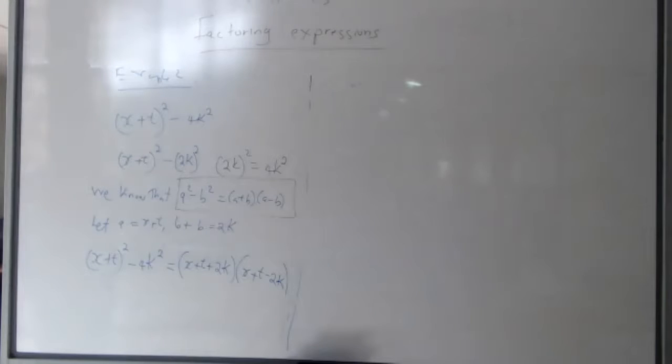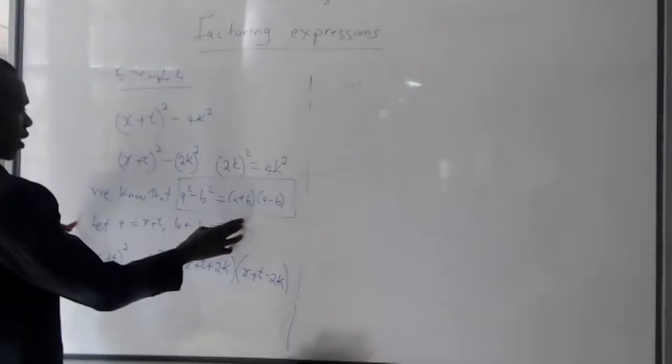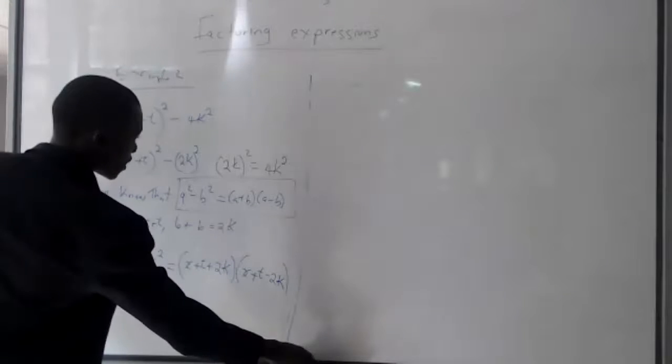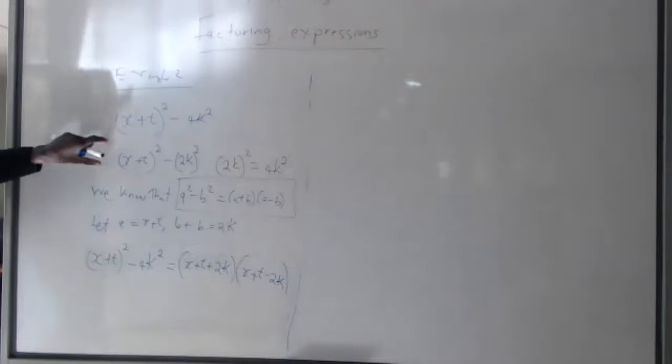So how did you write b plus b is equals to 2k? Exactly. What's b plus b? B plus b is equals to 2k. Why is it b plus b? Let, that is let. Yeah, when you're substituting. Oh, okay. What I'm trying to do is write this expression.